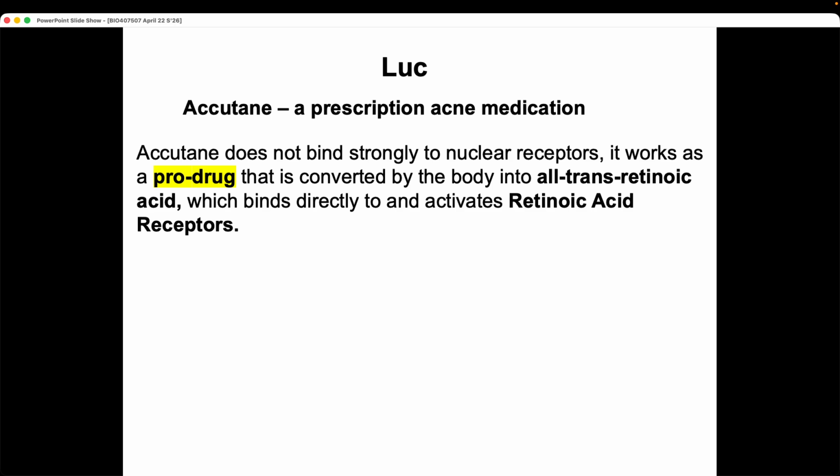So then we spent some time talking about what I'll call Accutane, and you're welcome to call it by its more modern name, but Accutane is an easy one to remember. And so it's that prescription acne medication.